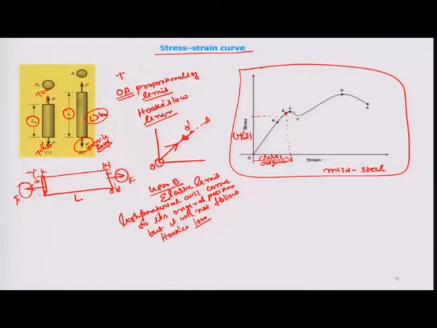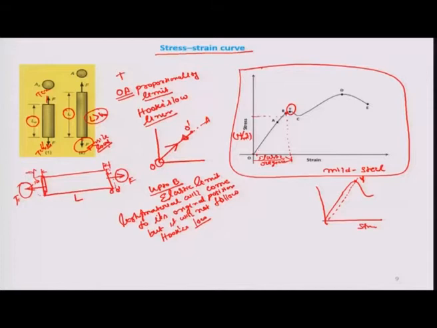So there is another point that is called Y. The location of Y can be traced like this. You just take a 0.2% distance, suppose that this is the strain, and draw a line parallel to OA, and wherever it will intersect the stress strain curve, that point is the yield point. Okay.